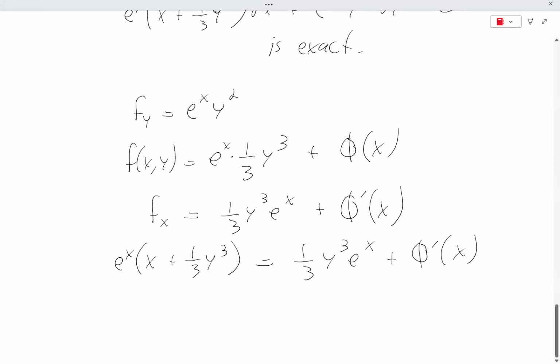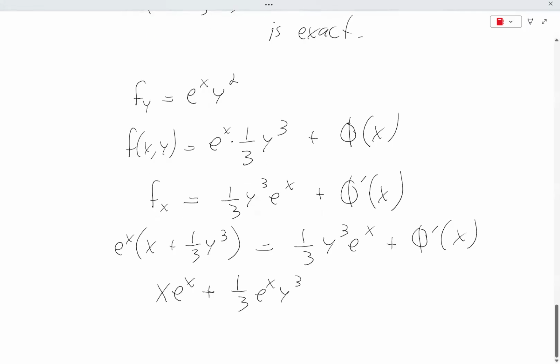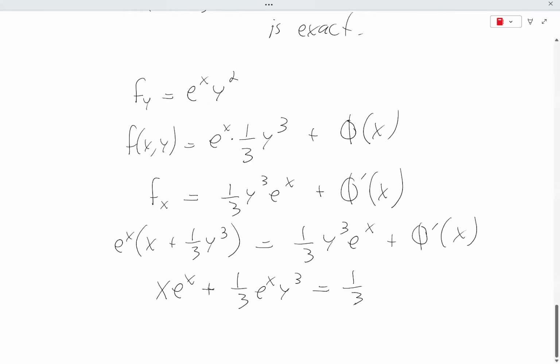When you distribute this out, it's still going to be a mess, but you get x e to the x plus 1/3 e to the x y cubed equals 1/3 y cubed e to the x plus phi prime of x.